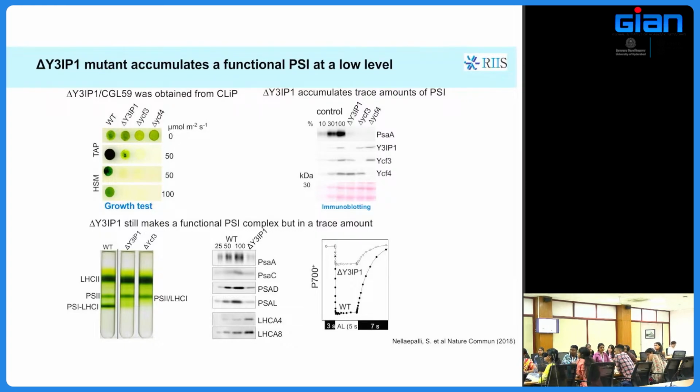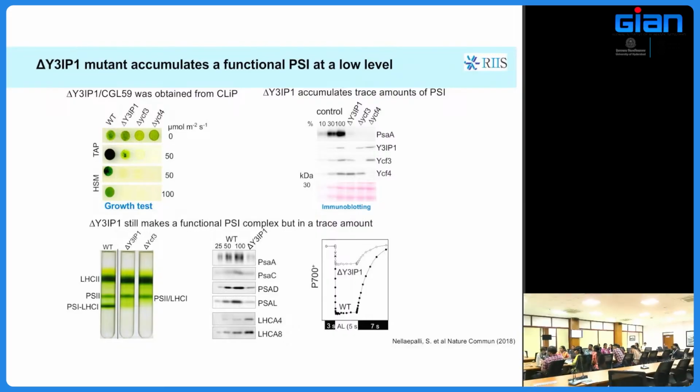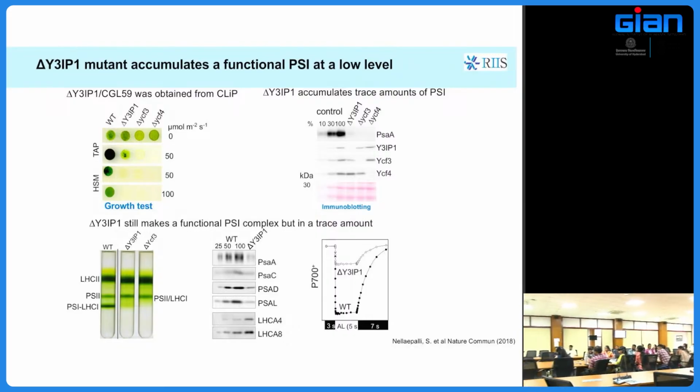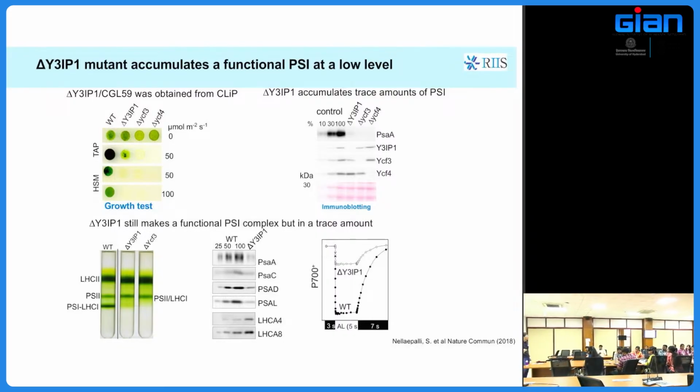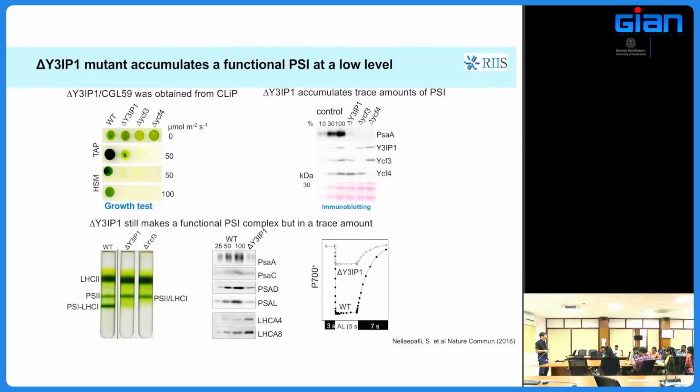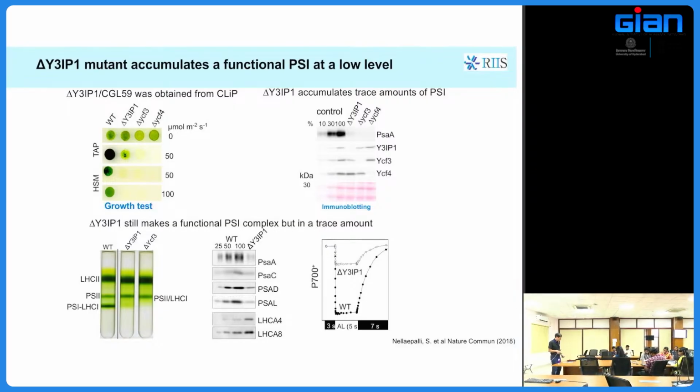To avoid photodamage of PS1, the donor side of PS1 must be oxidized. Otherwise the reducing side of PS1 is over-reduced, and that generates reactive oxygen species. To avoid this, there is a cyclic electron transfer around PS1 to avoid over-reduction of the reducing side. Also, if PS2 is blocked, electrons will not come to PS1, so PS1 cannot work.